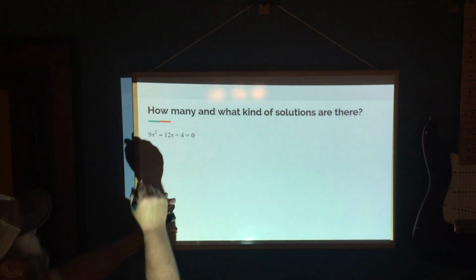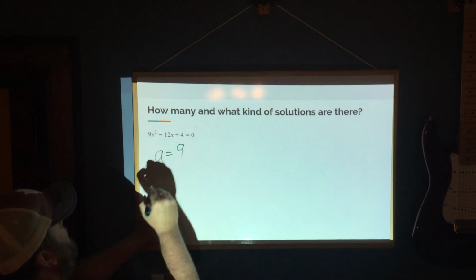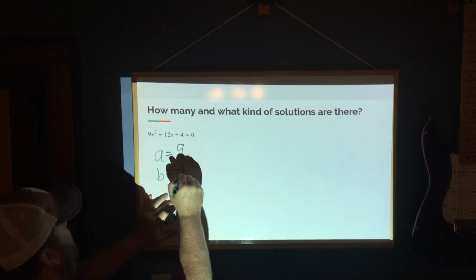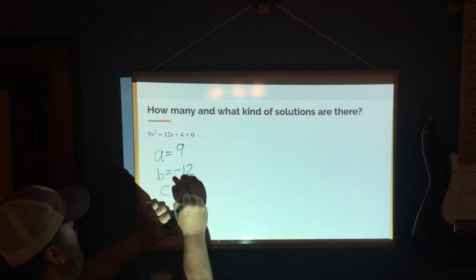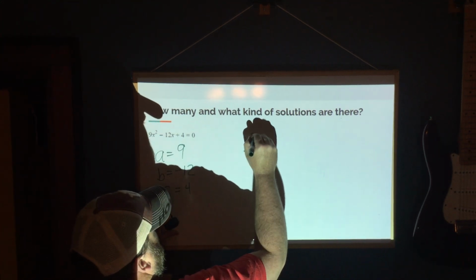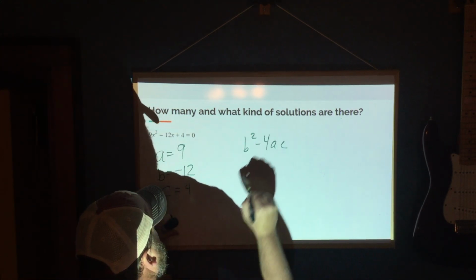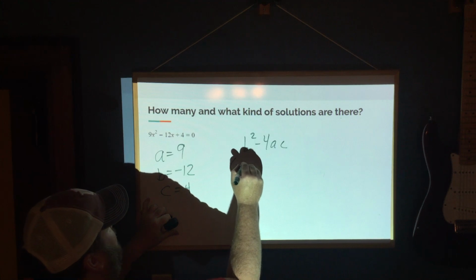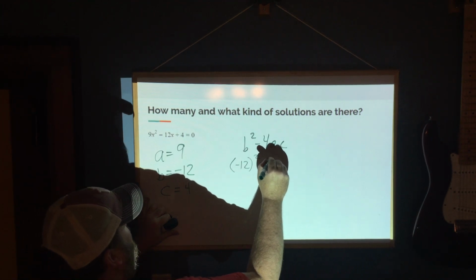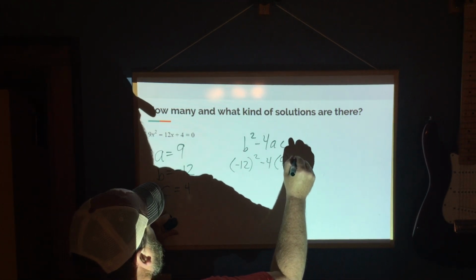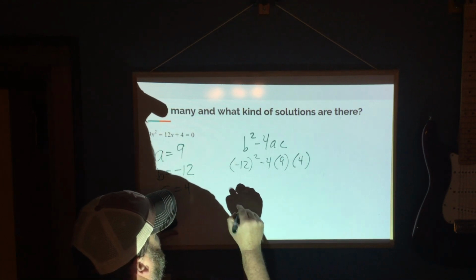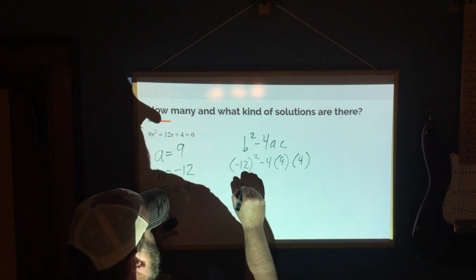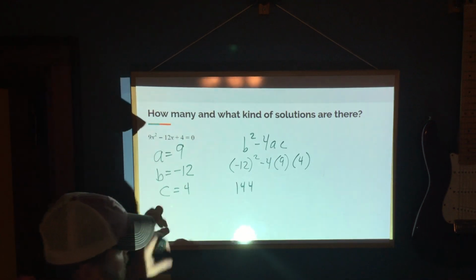Okay, on this one we have A is 9, B is -12, and C is 4. So b squared minus 4ac, it's going to be negative 12 squared minus 4 times 9 times 4. Negative 12 squared is 144.